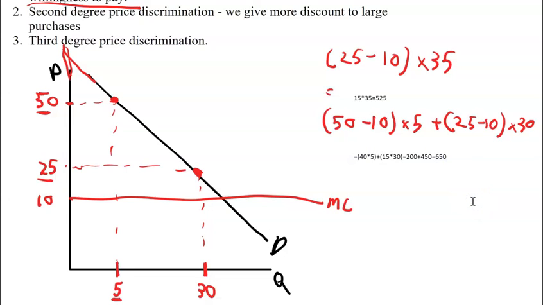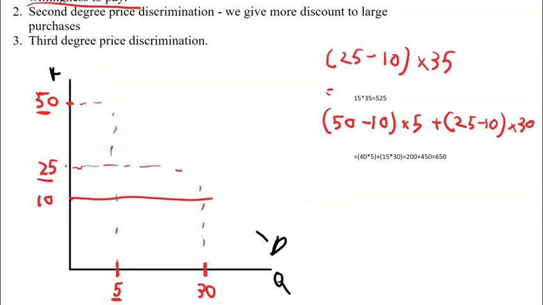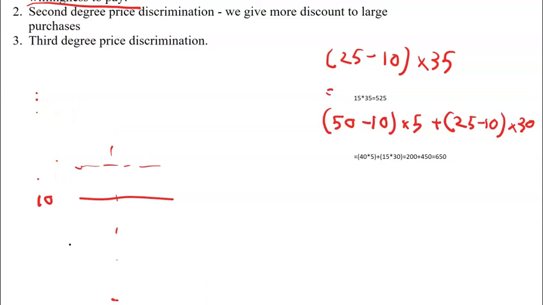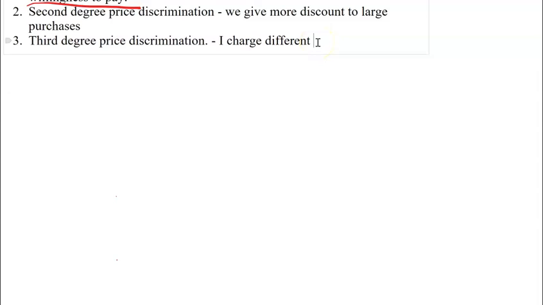All right. Now then comes third degree price discrimination. Third degree price discrimination is when I segment the market into different groups, and then I sell to each group at a different price. So I charge different prices to different groups.